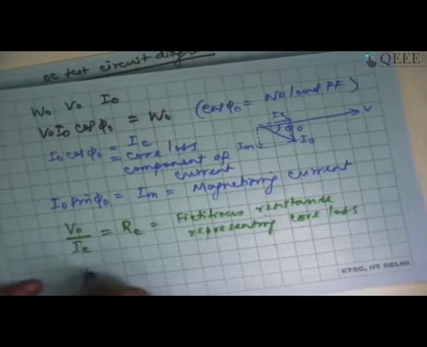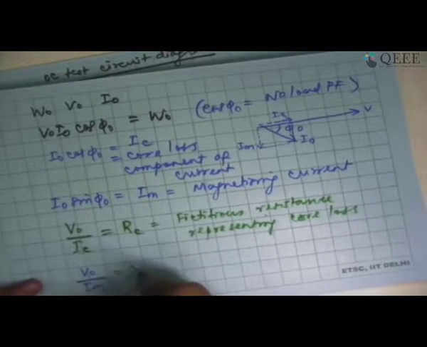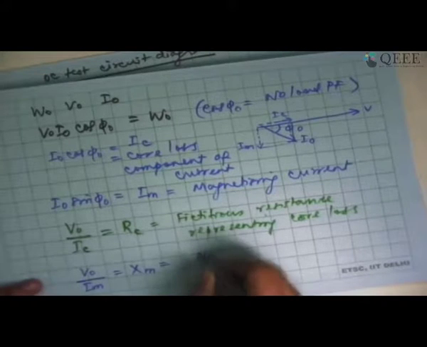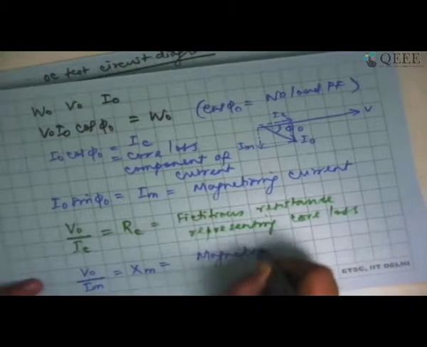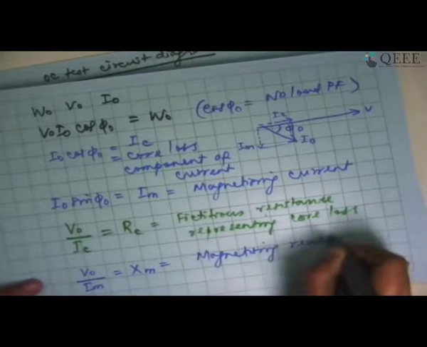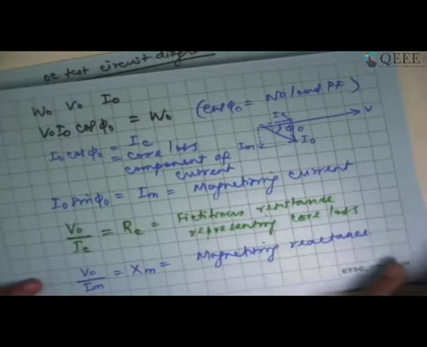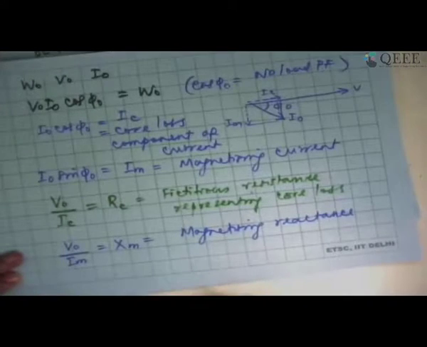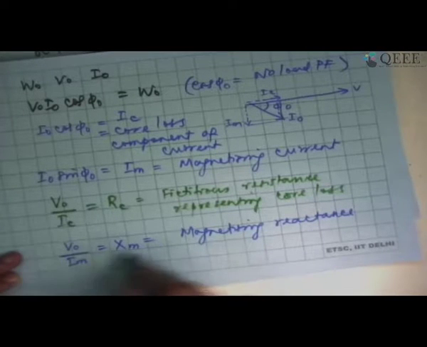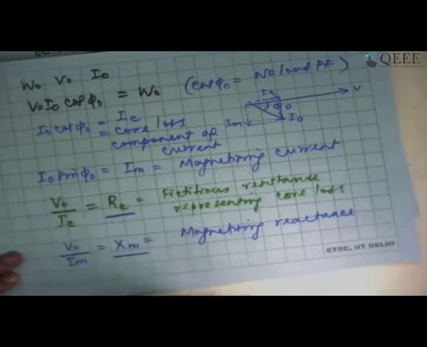Similarly, V0 by Im is Xm, which is the magnetizing reactance.